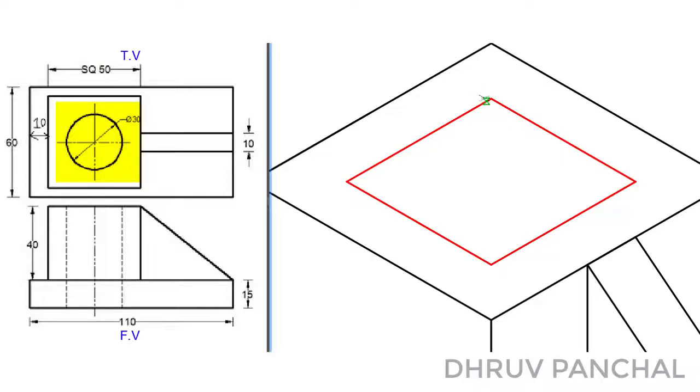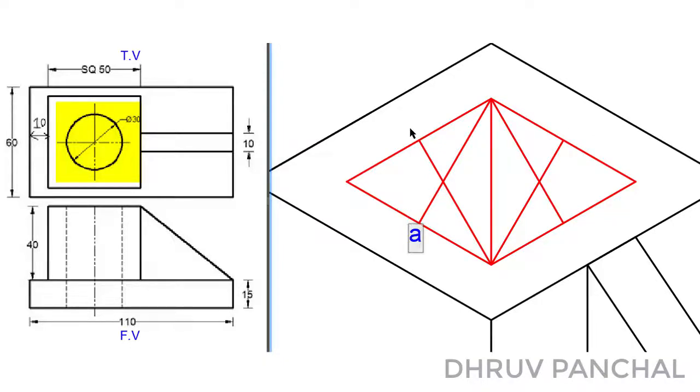Now draw a line between the corners having the shortest distance and draw lines from the corners to the midpoint of the lines facing those corners as shown. Now name the points as shown.